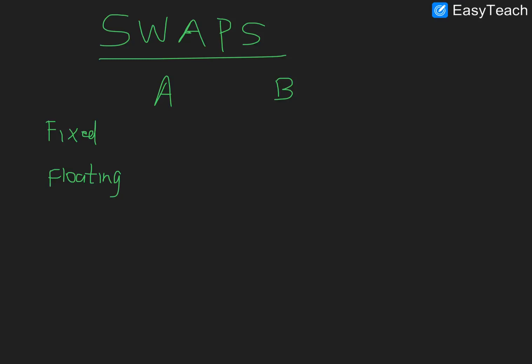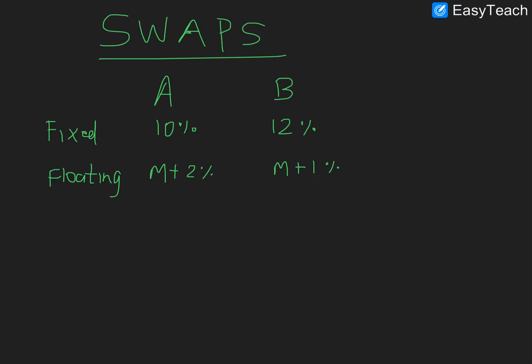So let's say A can borrow in the market at a fixed rate of 10%, whereas B can borrow in the market at a fixed rate of, let's say, 12%. A can borrow in the market at, let's say, a floating rate of MIBOR plus 2%, whereas B can borrow at MIBOR plus 1%.